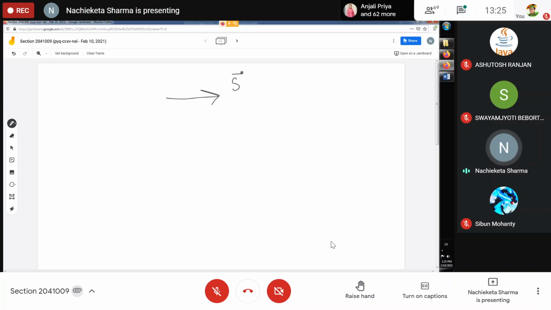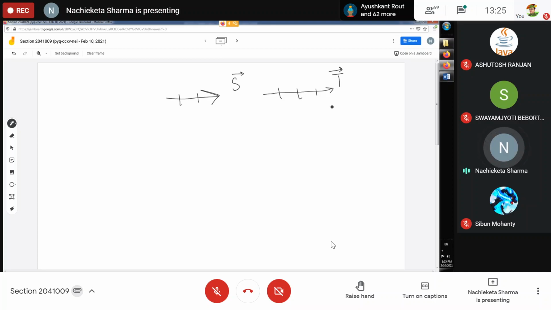So this is vector S and this is vector T. Vector S has magnitude 3 and T has magnitude 4. And we have to find out S minus T.